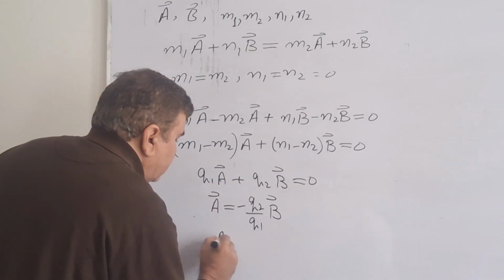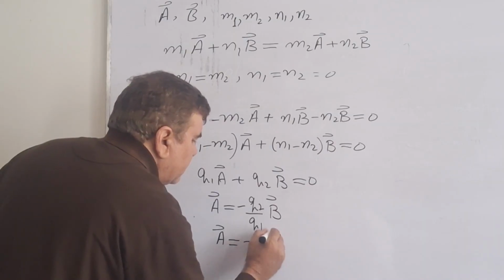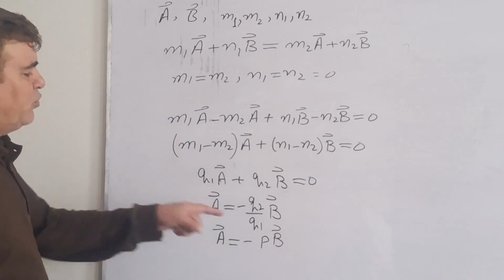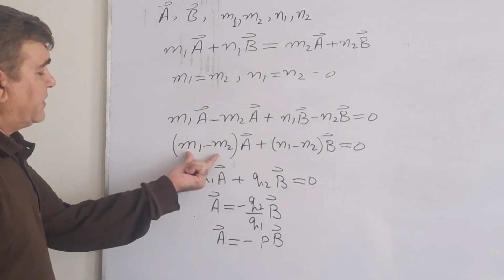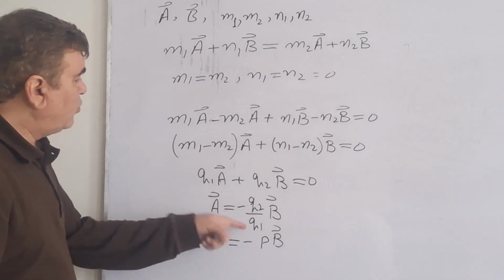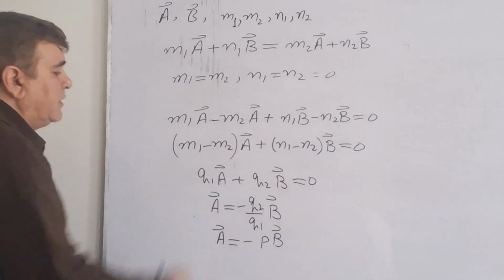Or I can further simplify this in the form minus p b, where p I am writing for the ratio of q2 and q1. q2 and q1 are obviously two real numbers because q1 is the difference of these two numbers, and q2 is the difference of these two real numbers.